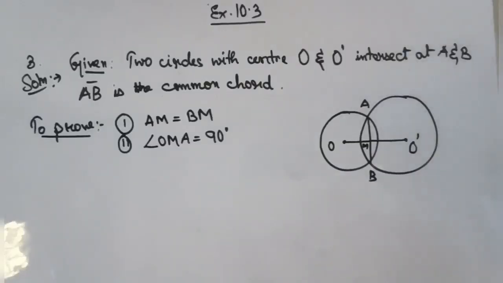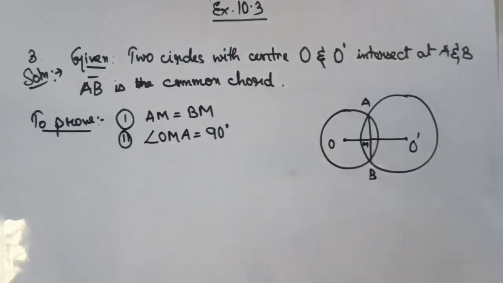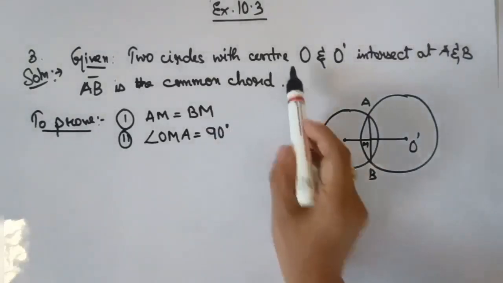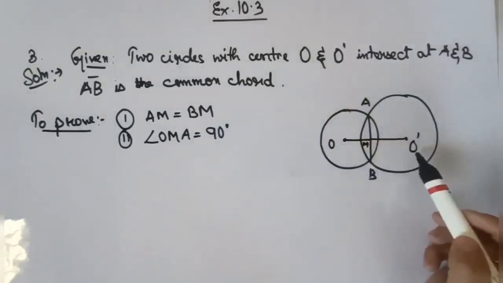Next, exercise 10.3, question number 3. If two circles intersect at two points, prove that their centers lie on the perpendicular bisector of the common chord. We are given two circles with centers O and O dash.